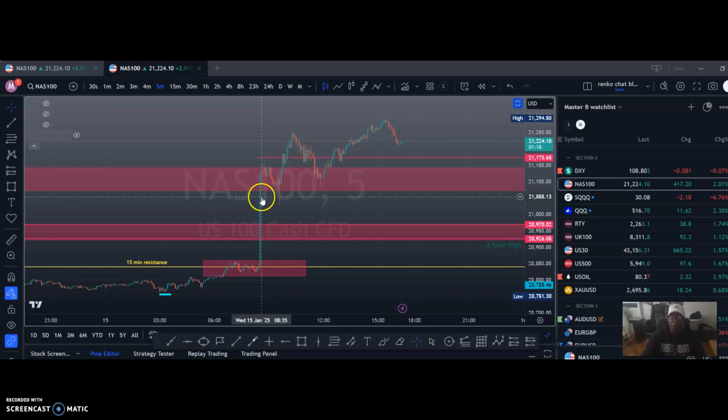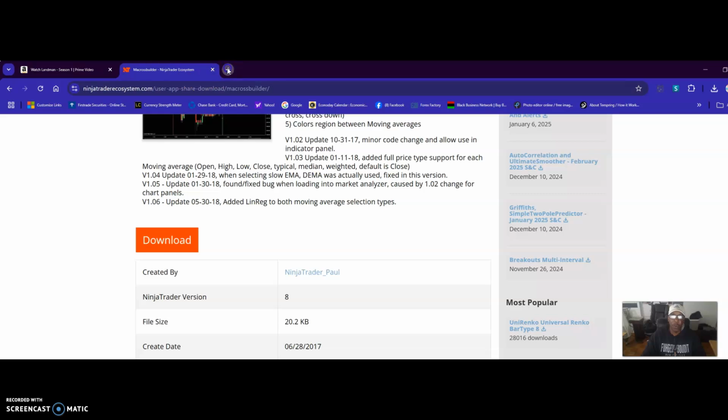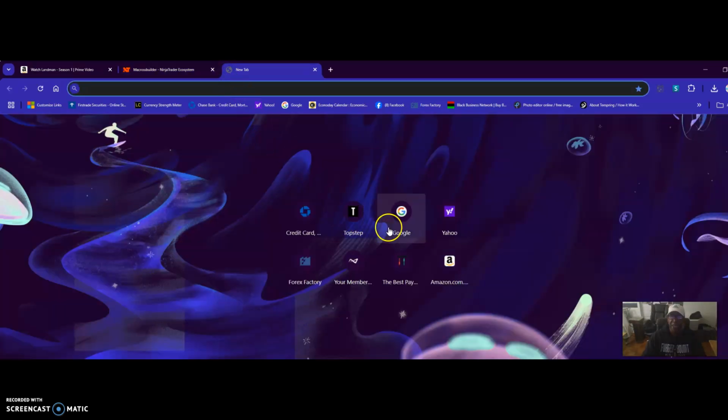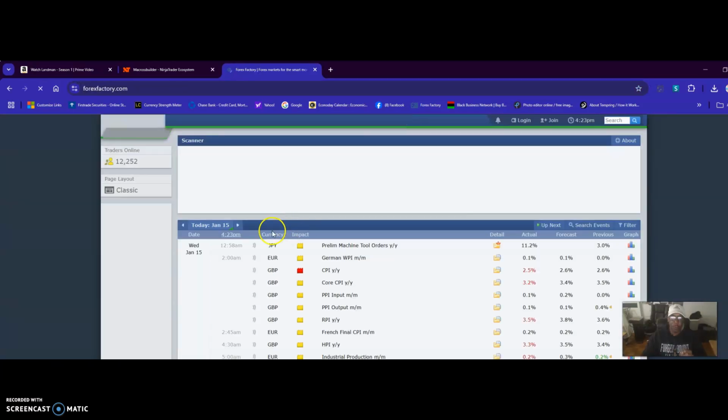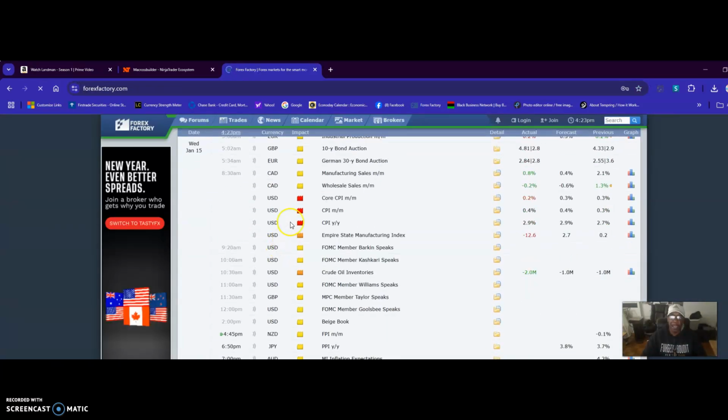Now, this was an 8:30 news announcement. You've got to remember to check forexfactory.com to make sure that you are not going over these red news announcement boxes. See right here, 8:30, 1, 2, 3. When you have more than one, expect major movement.